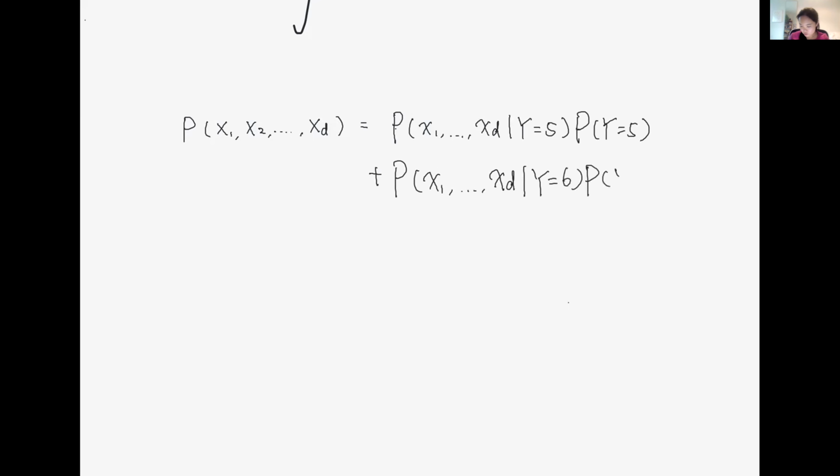We know that there are only two possibilities, two chances of this figure being 5 or 6. So it can only be 5 or can only be 6.